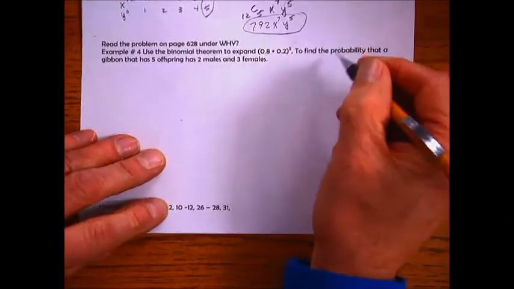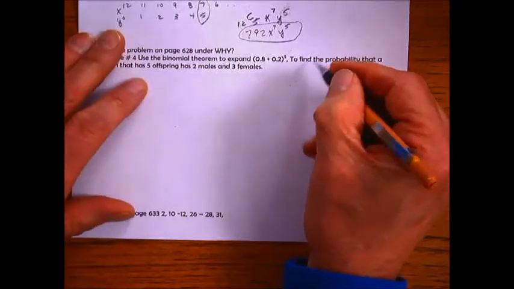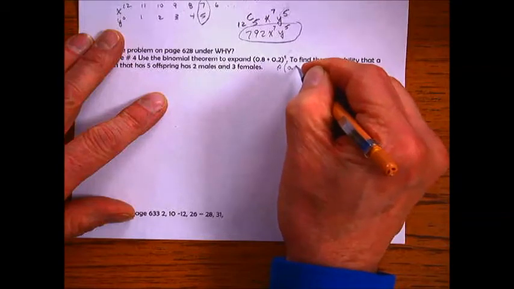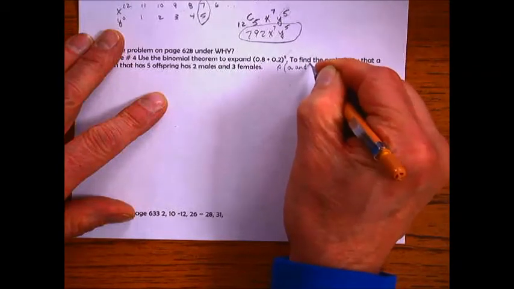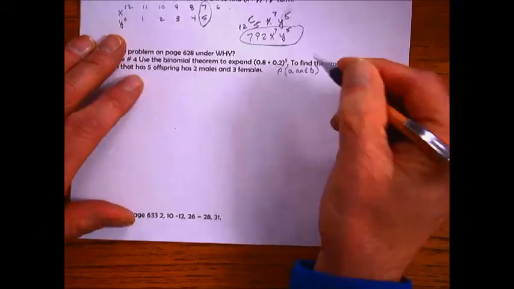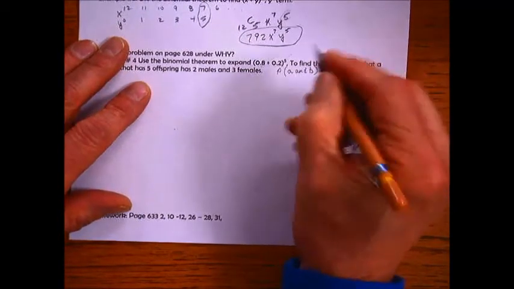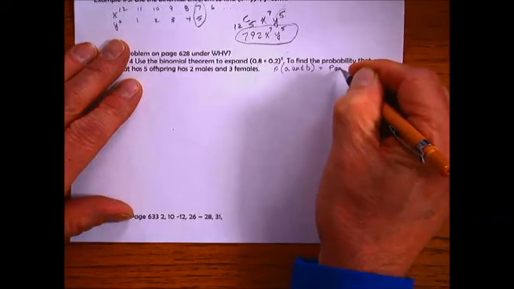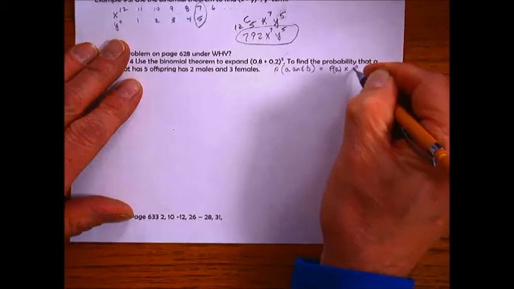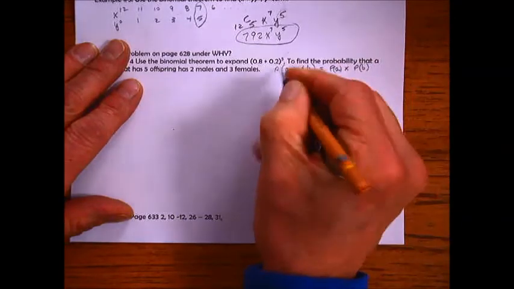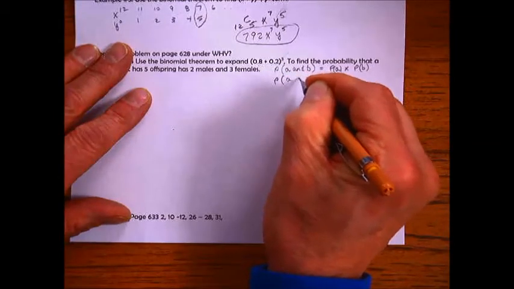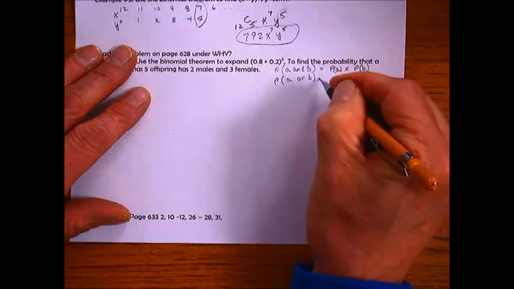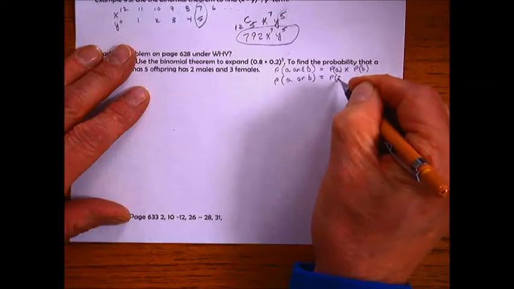All right, so I want to do a really quick review about a couple of probability concepts. One is, if you want to know the probability of, say, A and B happening, like you're going to draw a king and you're going to draw a queen when you draw 2 cards, that kind of situation, then this is the same thing as the probability of A times the probability of B. But if we have a situation where it's the probability of A or B, in other words, you're drawing 1 card and you're going to draw a king or a queen, then what you do with those probabilities is you add them.